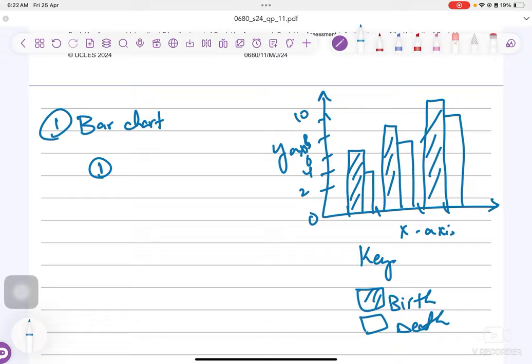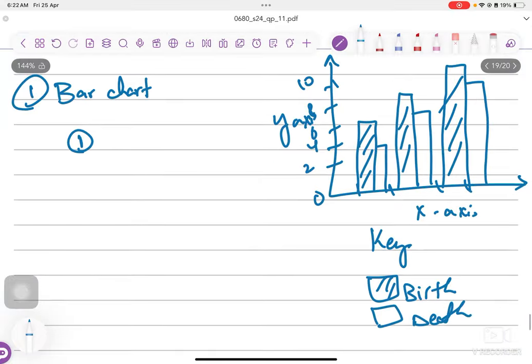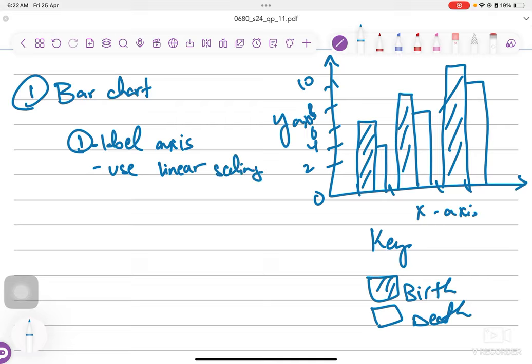Now let me explain. First thing you have to do is label the axis. Use linear scaling. This is linear scaling by going 0, 2, 4, 6, or start by 5, 10, 15, 20. Just make sure that it's constant and it's linear.